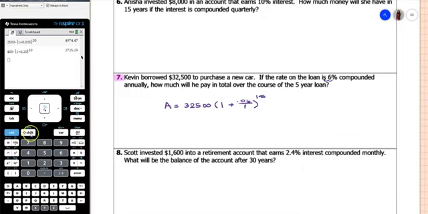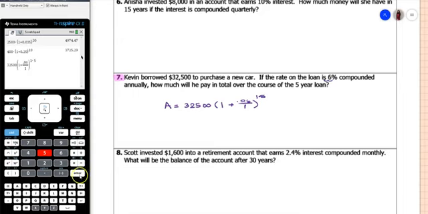So I'm going to place that whole thing in the calculator. 32,500 times 1 plus, let's get a fraction in there, 0.06 over 1 to the power of 1 times 5. So you see that I didn't try to work any of that out.